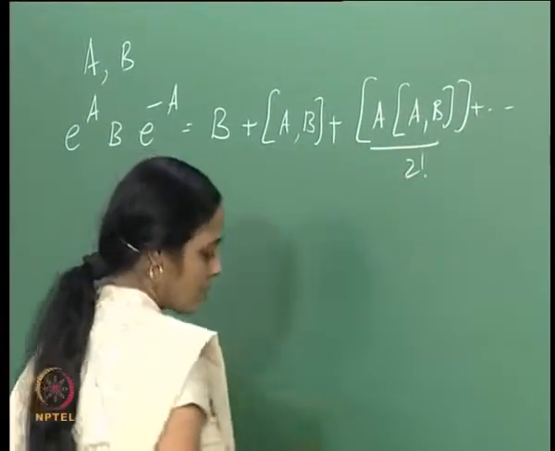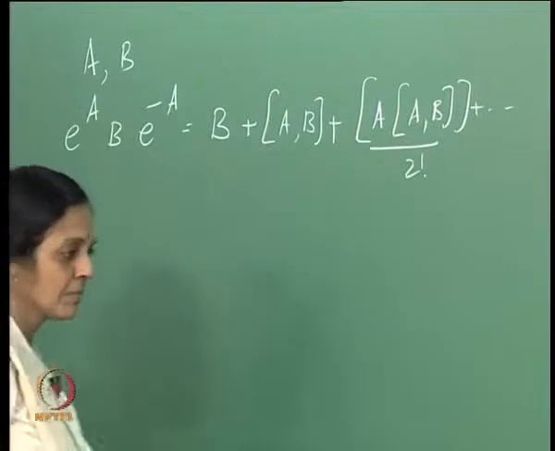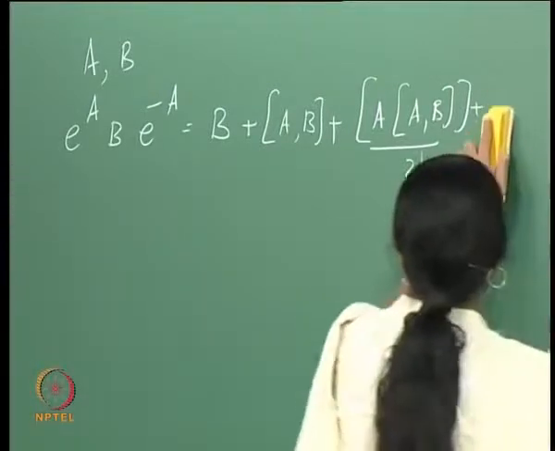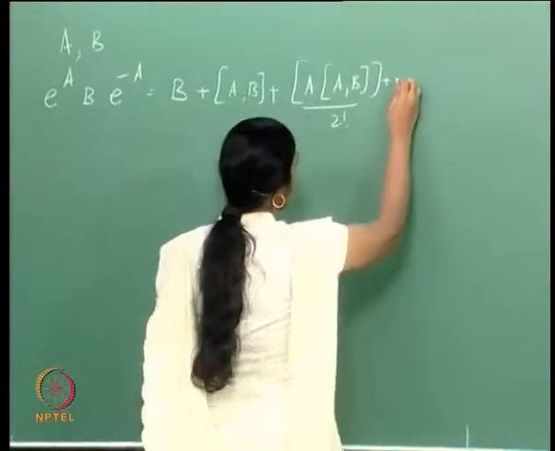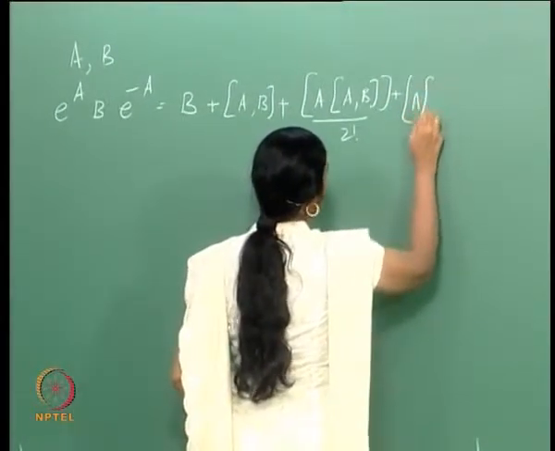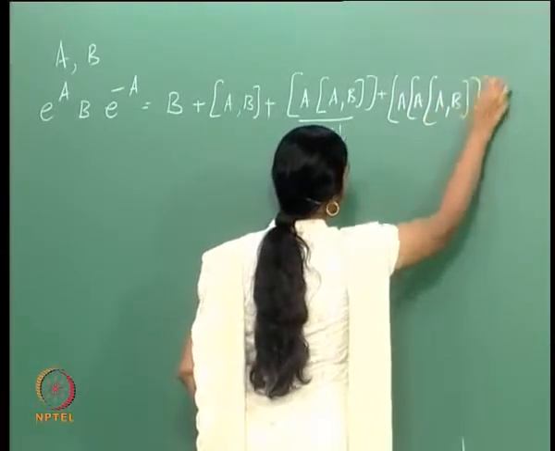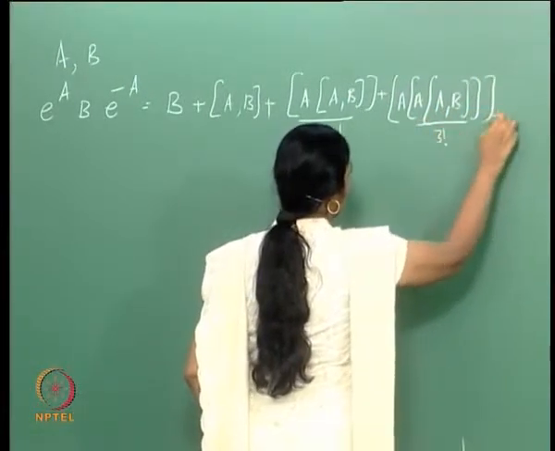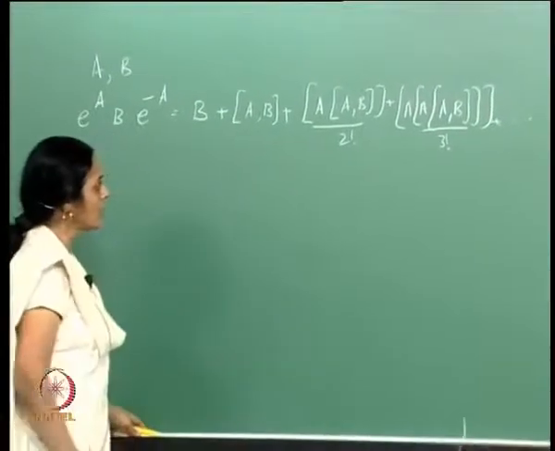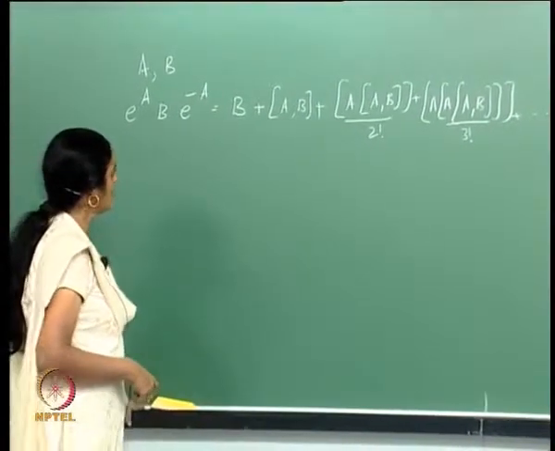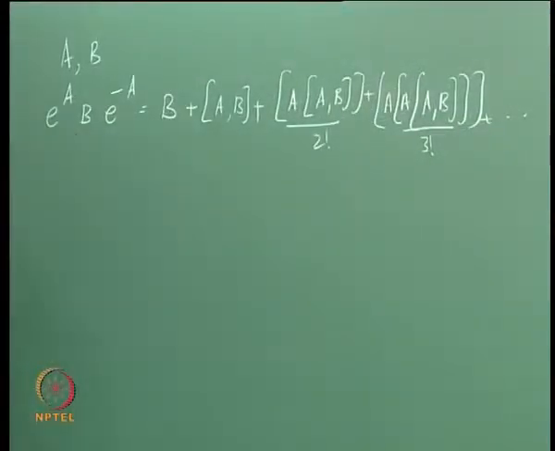The next term to complete the series would be the commutator of A with the commutator of A with the commutator of A with B by 3 factorial, and so on, which is precisely what we will use here.